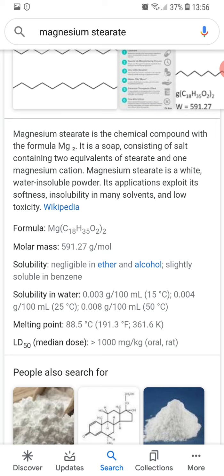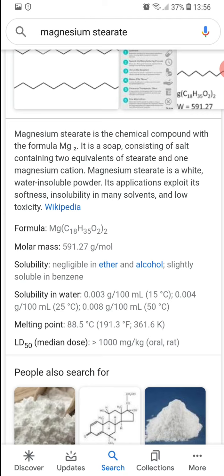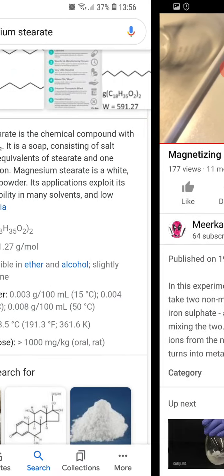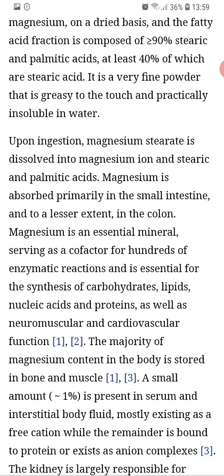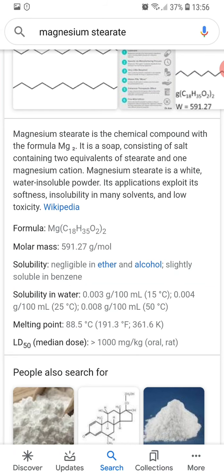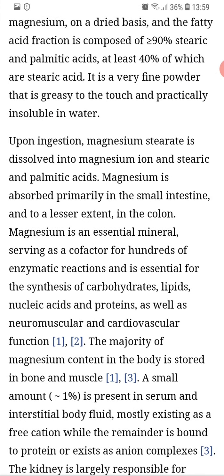There's magnetized magnesium stearate right there. And it says it's a white, water insoluble powder. Okay. And it's got a low toxicity, not no toxicity, okay? It says insoluble in many solvents.